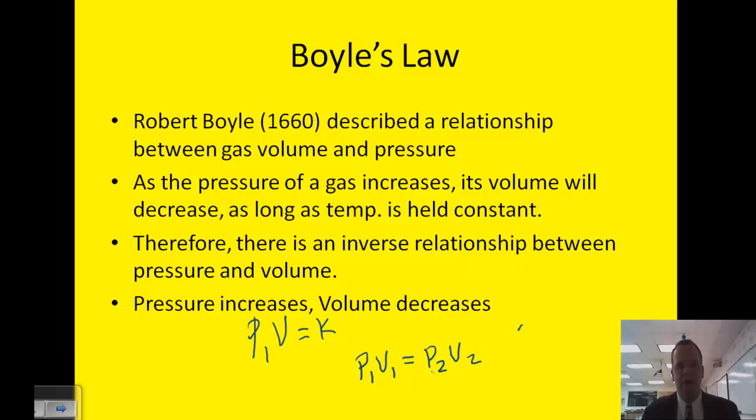It does not matter what units the pressure are in as long as they're the same on both sides of the equation. It does not matter what units the volume are in as long as they're the same on both sides of the equation. Understand here that temperature and moles are constant. So if the temperature is changing or the number of moles are changing, then we cannot use Boyle's law.